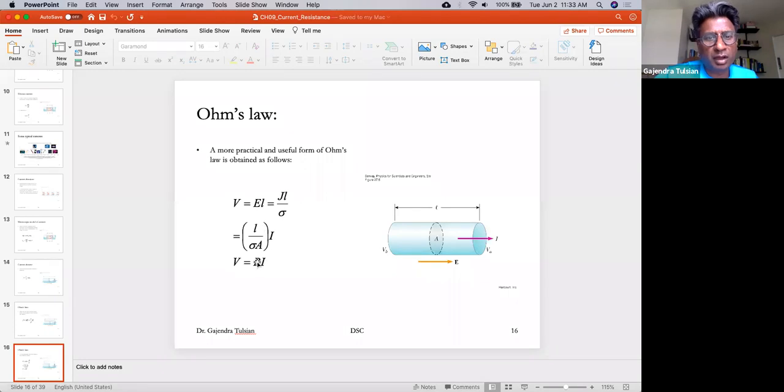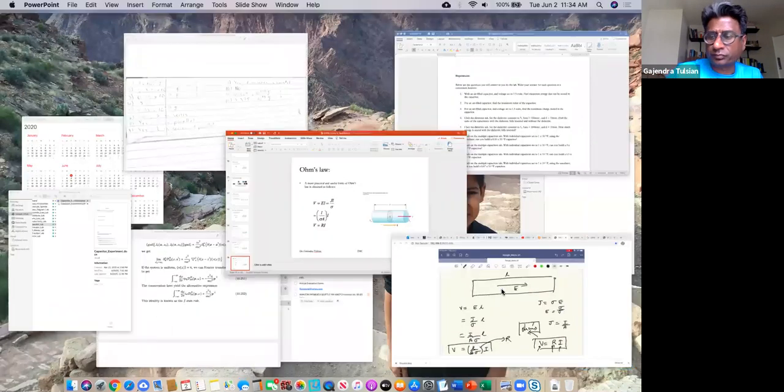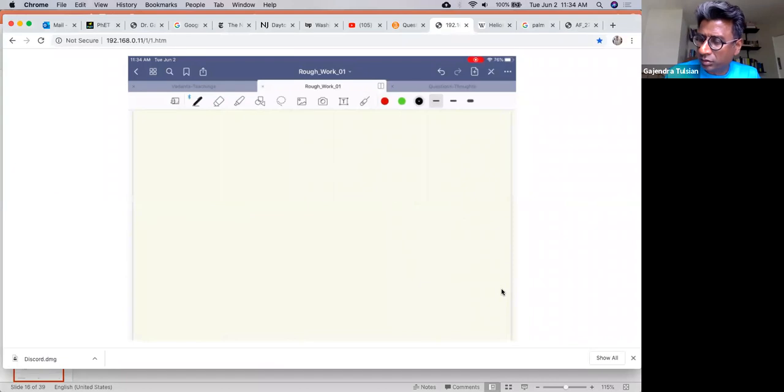So the resistance of the wire depends on the length of the wire, the area of cross section, and the conductivity. Also, the conductivity was related to the resistivity, like so. So oftentimes you see the resistance given in terms of resistivity, length, and area like that.